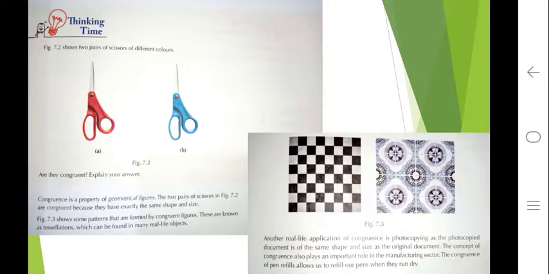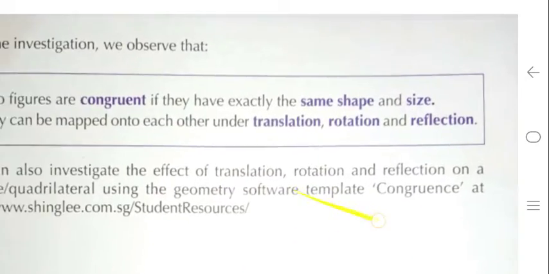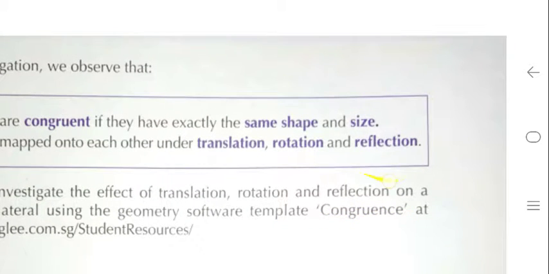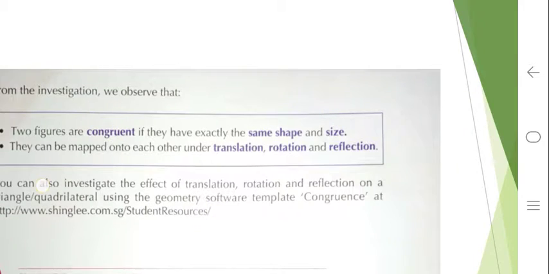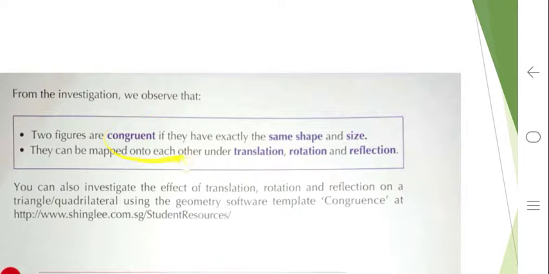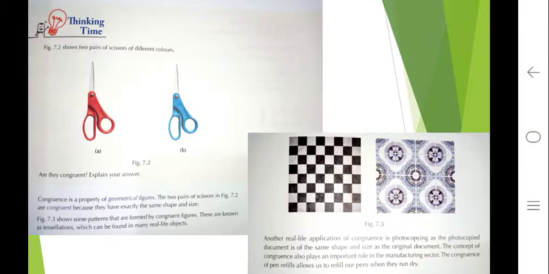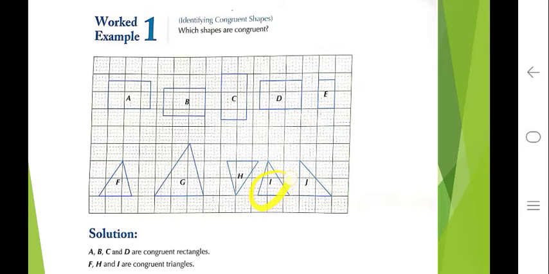This is what they mean by reflection. So congruent means they have exactly the same shape and size and can be mapped onto each other under translation, rotation, and reflection. Now we can map this I onto this F under reflection.